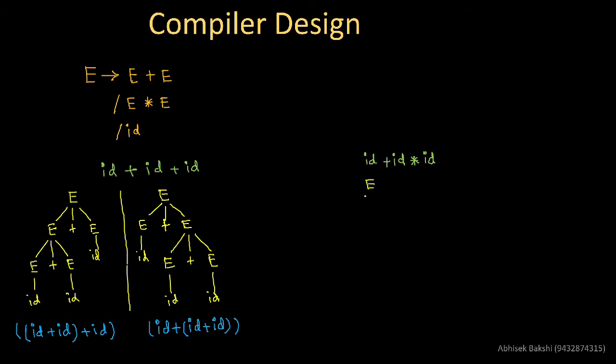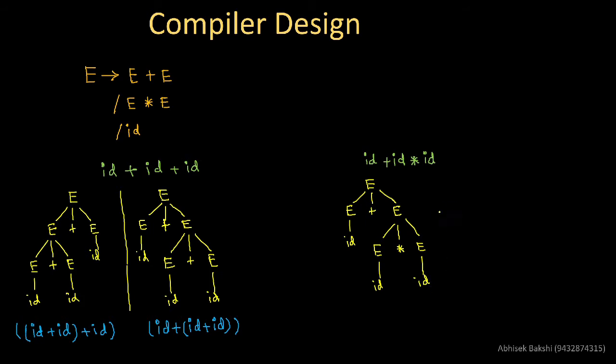We can start with E to E plus E, and then this side E star E, and this E to id, this E to another id, this E to another id.